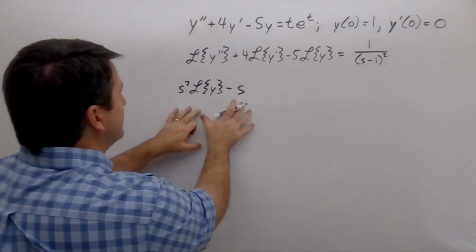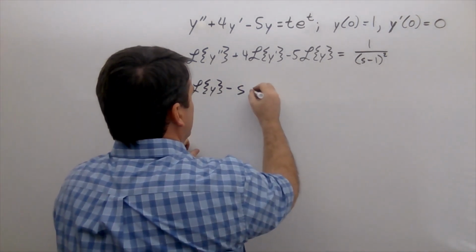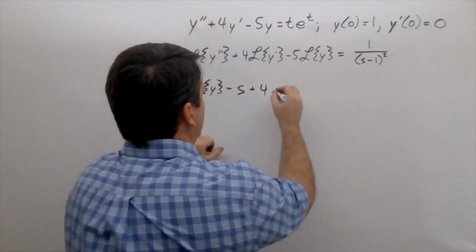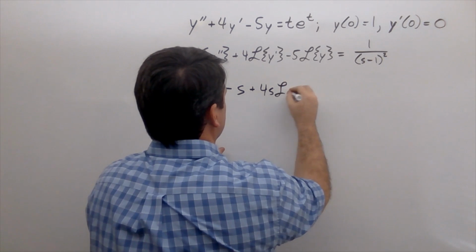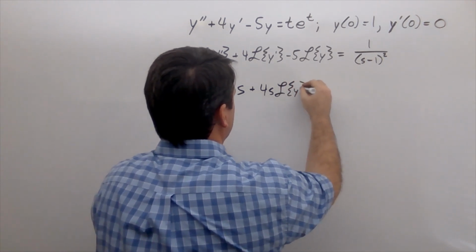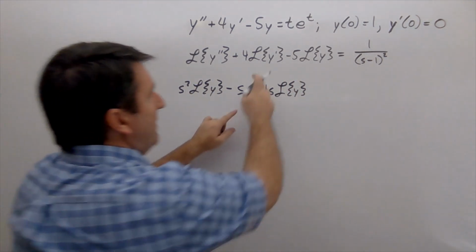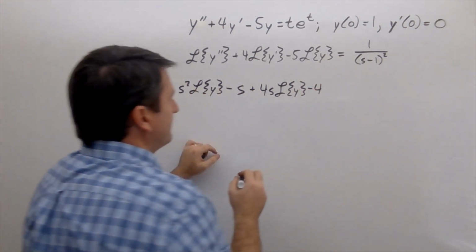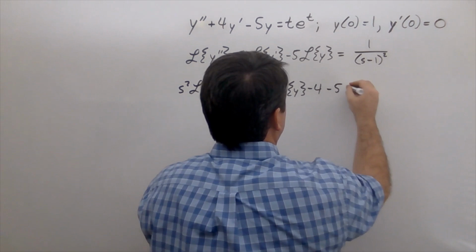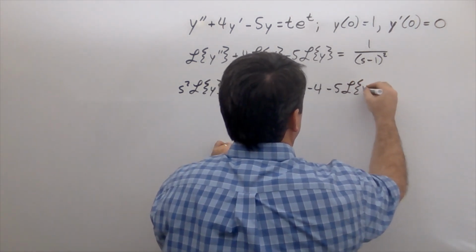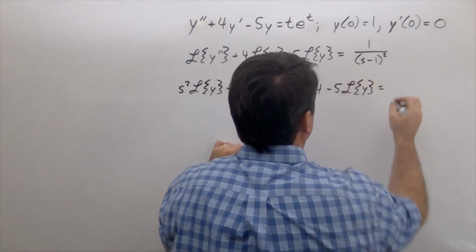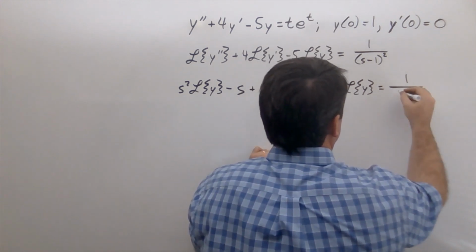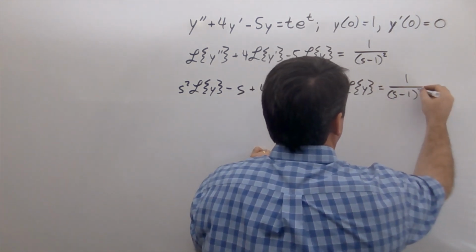So that's it for this piece. Then we've got plus 4 times s times the Laplace transform of y, minus 1. So distribute that 4, we get minus 4. Minus 5 times the Laplace transform of y is equal to 1 over s minus 1 squared.